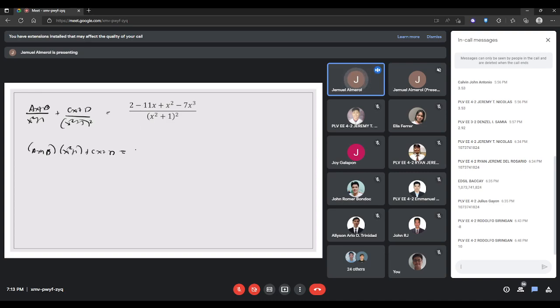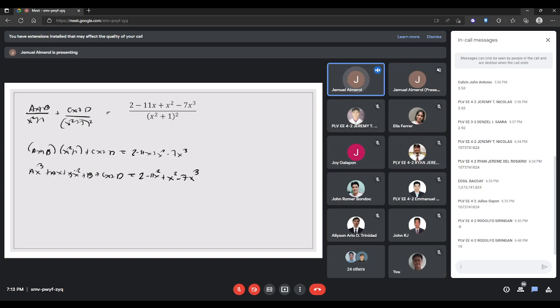So, 2 minus 11x plus x squared minus 7x. Para makita natin yung behavior, add. So, we have ax squared, x cubed rather, plus ax plus bx squared plus b plus cx plus d equal to 2 minus 11x plus x squared minus 7x.